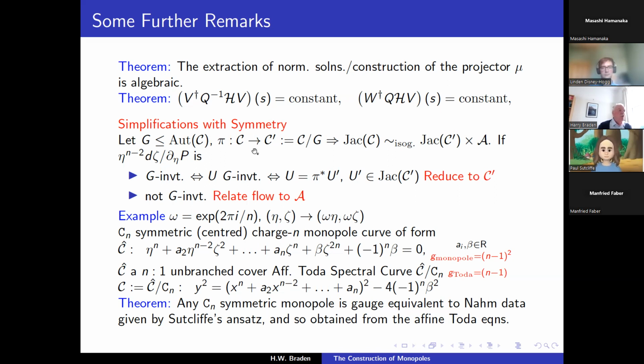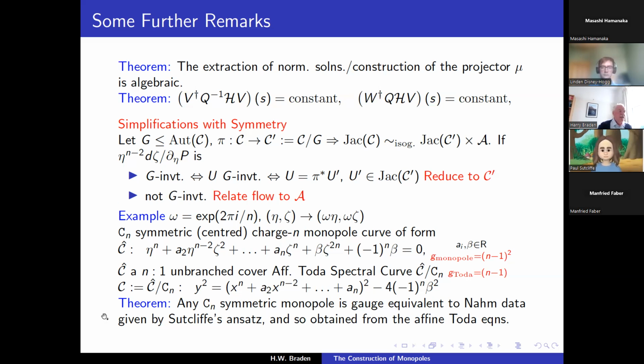So the best of all possible worlds is when this vector that appeared in the Hitchin-Manton-Murray description of the Ercolani-Sinha constraints is G invariant. You can actually reduce everything to this smaller curve, and in that setting, solve for that. And this actually happens in a number of examples.